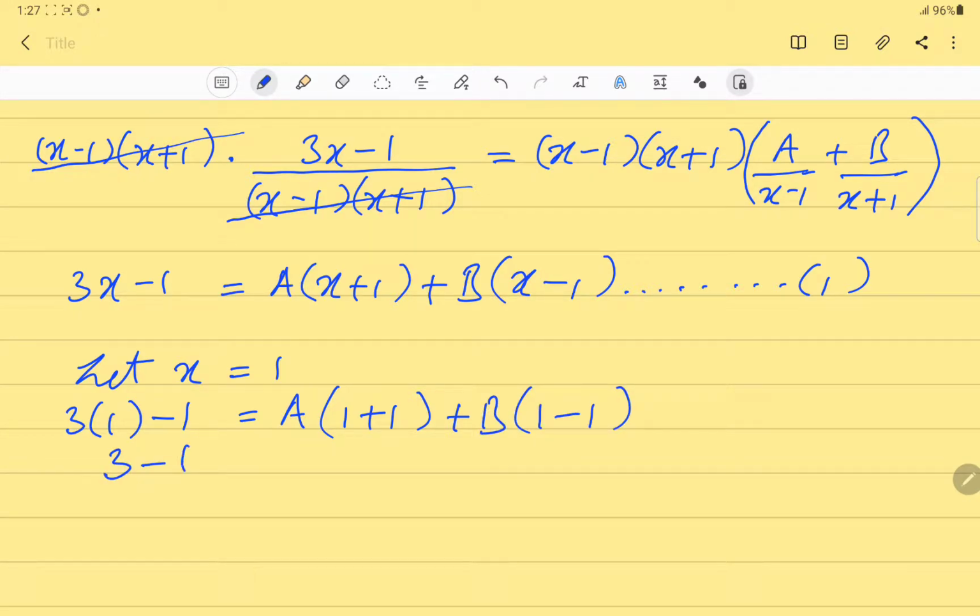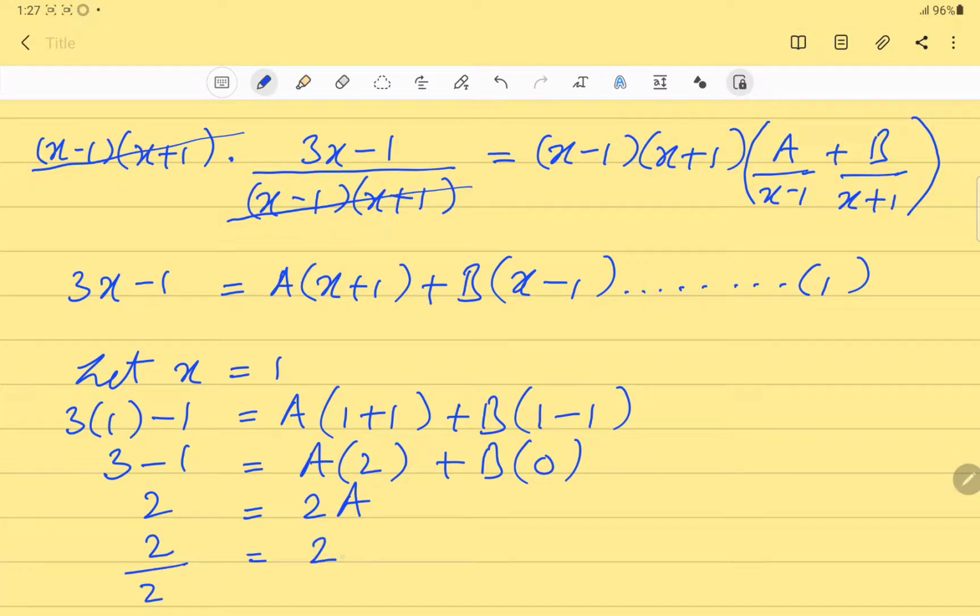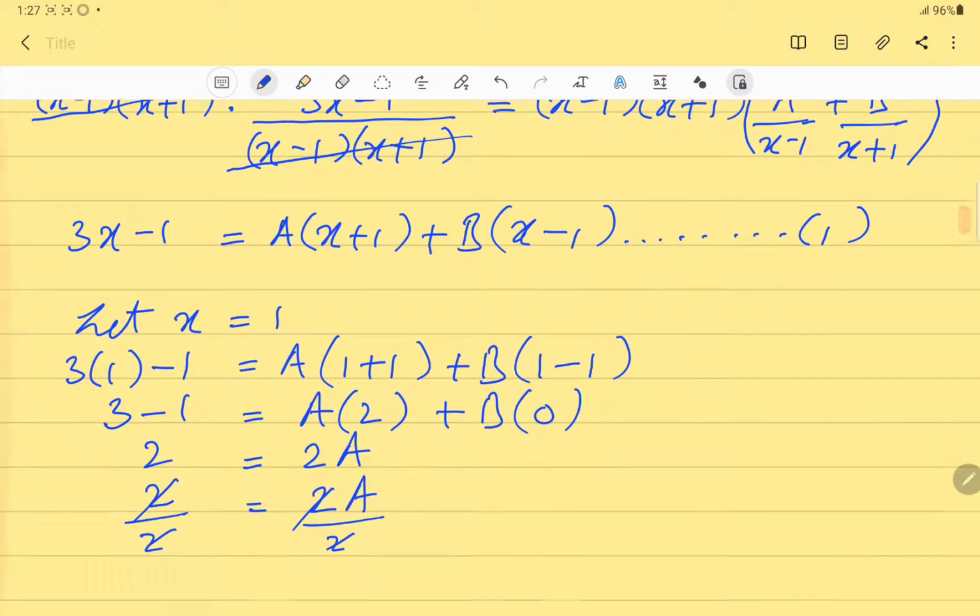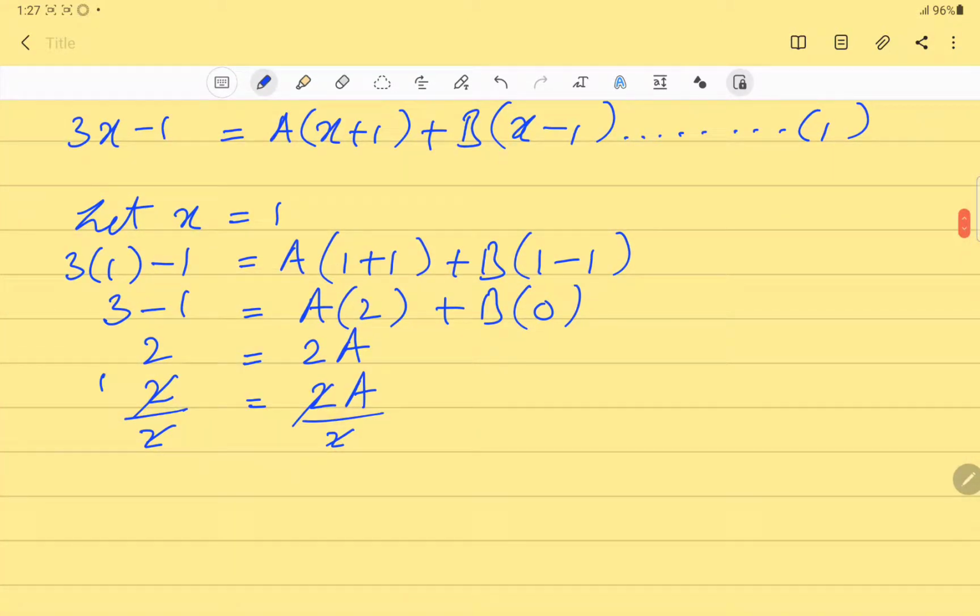This will become 3 minus 1, a into 2 plus b into 0. 3 minus 1 is 2, a into 2 is 2a, and b into 0 is 0, so there will be nothing there. Now we divide both sides by 2.